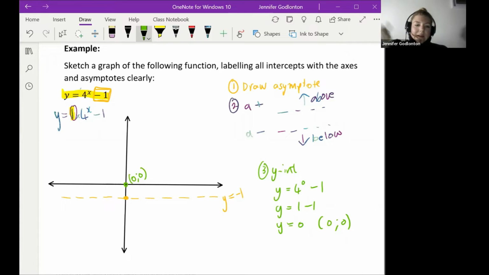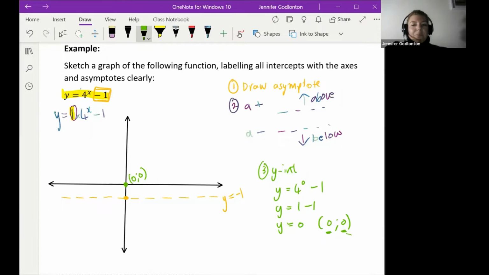Now, the problem with that is that I can make my y value 0, but I'm going to get the same answer. I'm going to get 0, 0, because this is saying when x is 0, y is 0, and when y is 0, x is 0, which means both my x and y intercept is 0, 0. I now need to find another point on this graph.